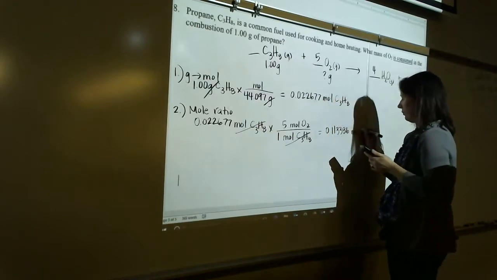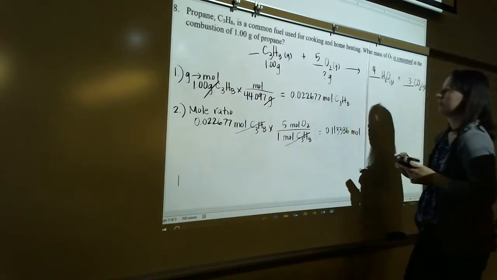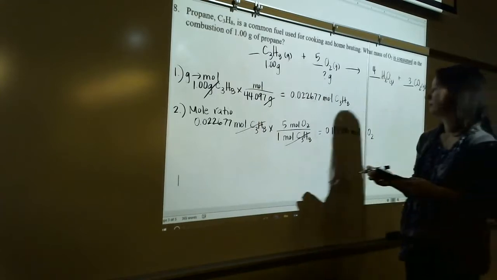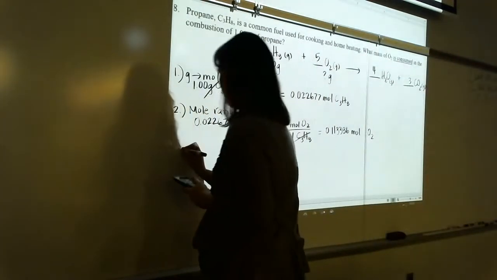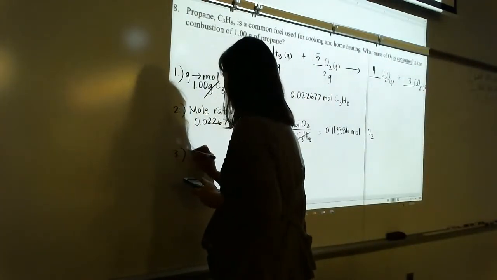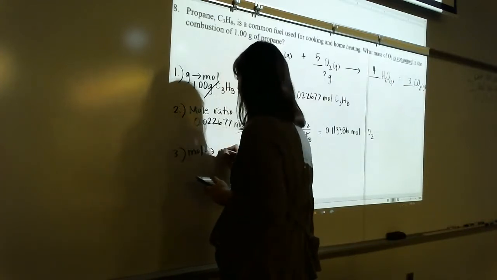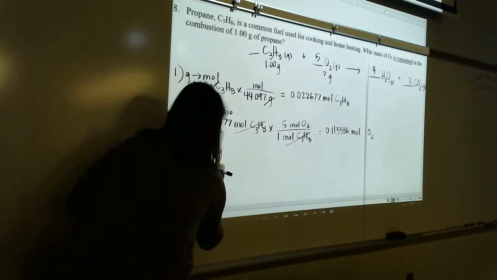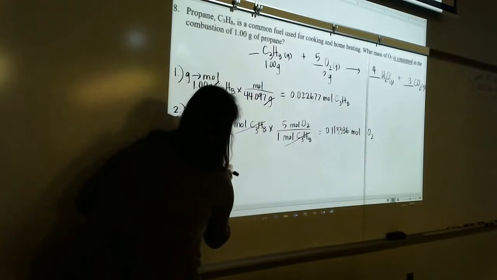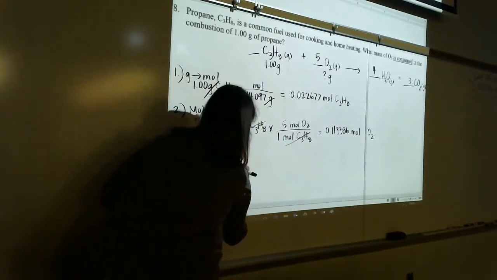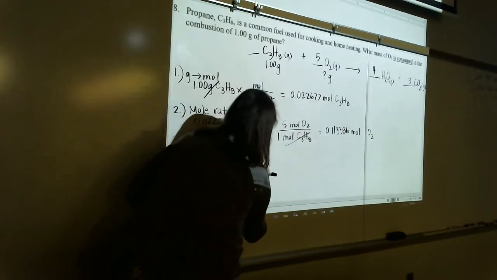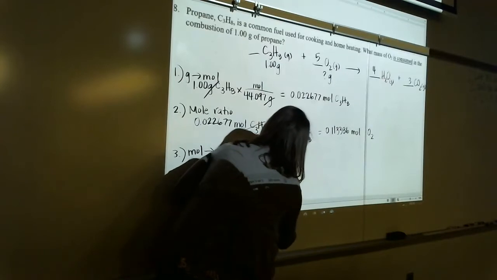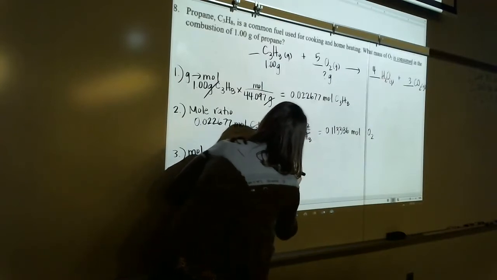0.113386 moles O2. What's step 3? Convert back to grams, right? So moles back to grams. So take my number that I just got, 0.113386 moles O2. 1 mole of O2 has a mass of 32 grams, right?